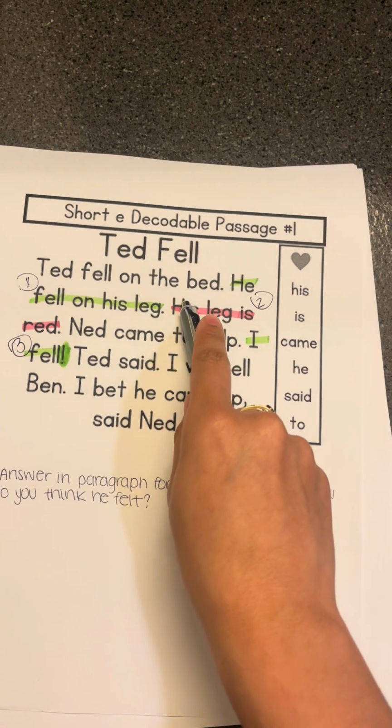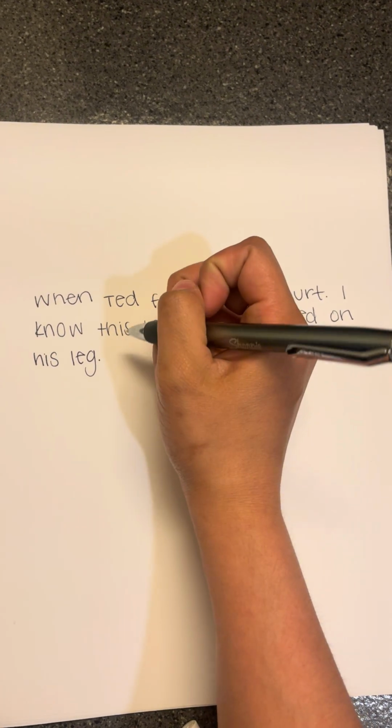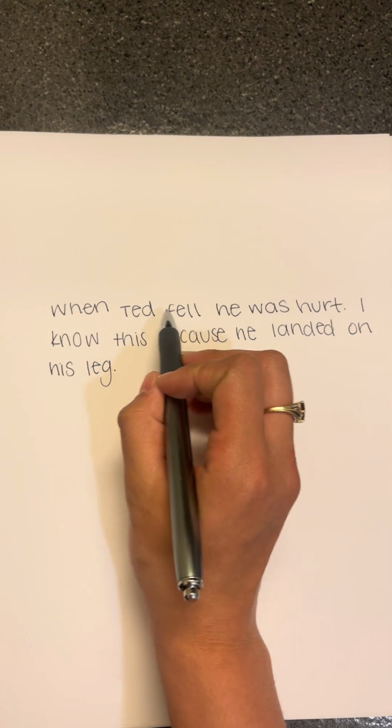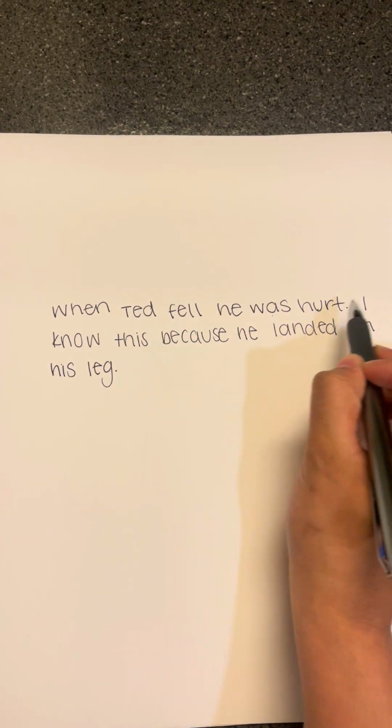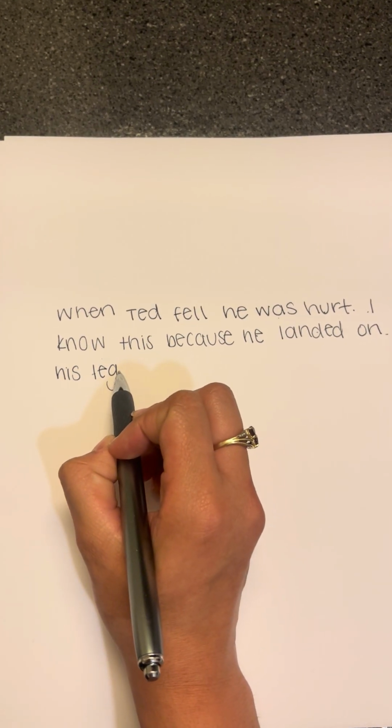Okay, and then we're going to go back into our text. And what else did we notice? His leg is red. When Ted fell, he was hurt. I know this because he landed on his leg.